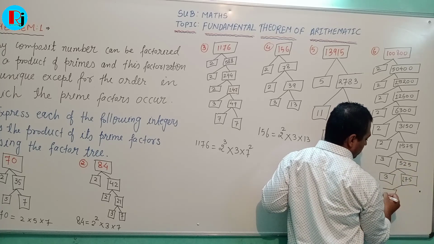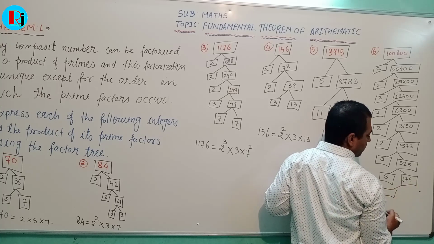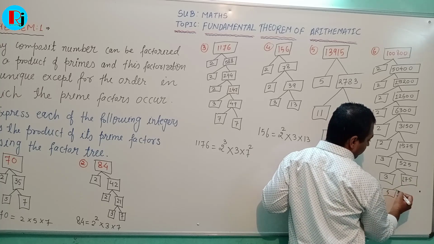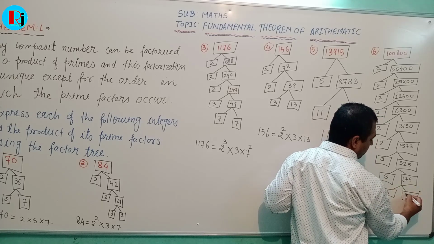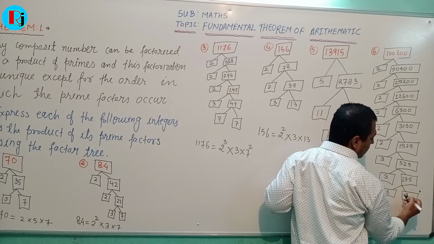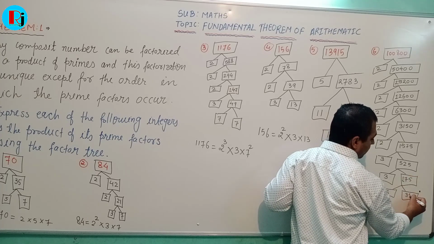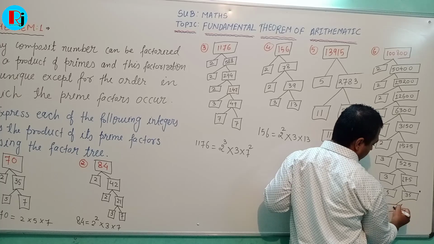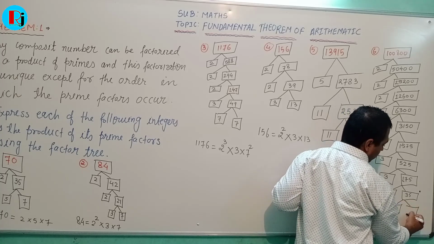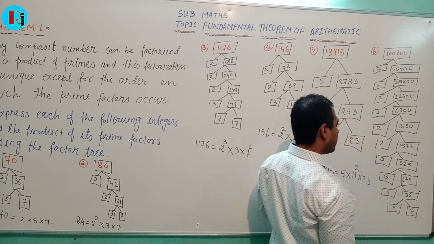Again students, this number can be divided by 5, 5 3s are 15, 2 will be there, 35, divide by 5 and here we are getting at the last prime 7.